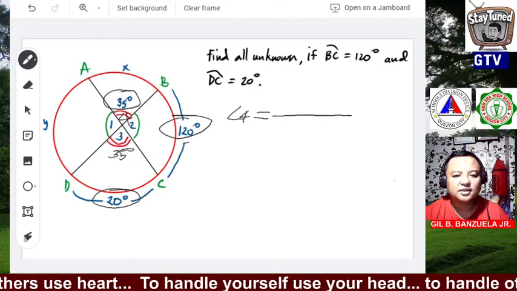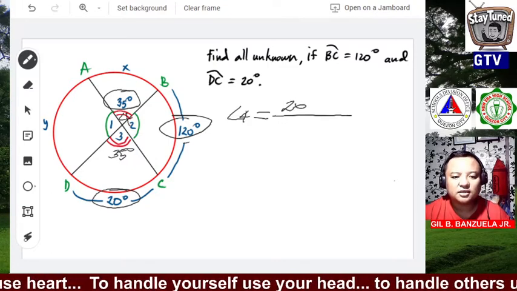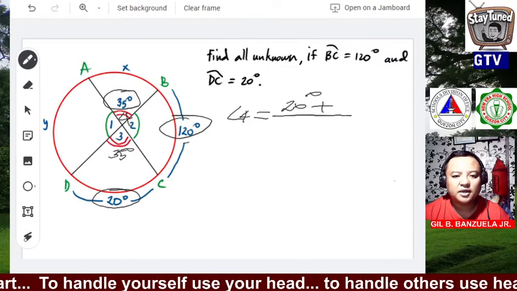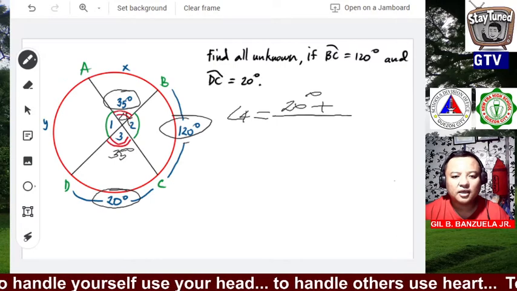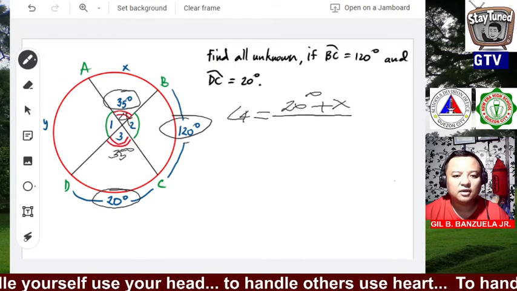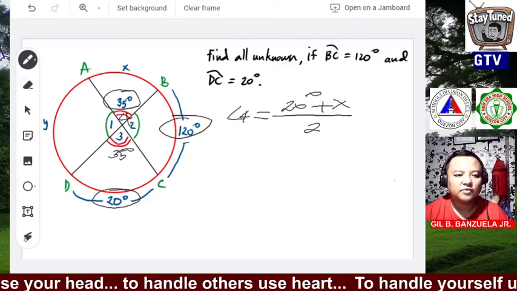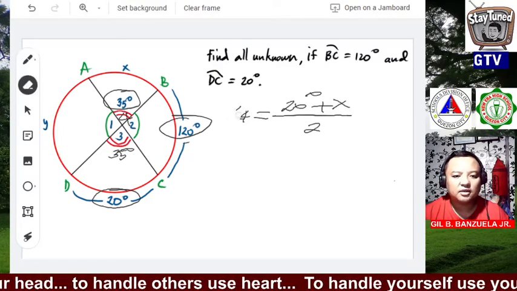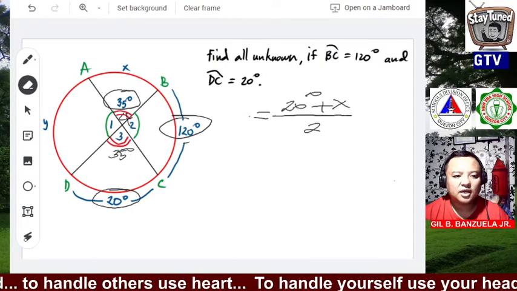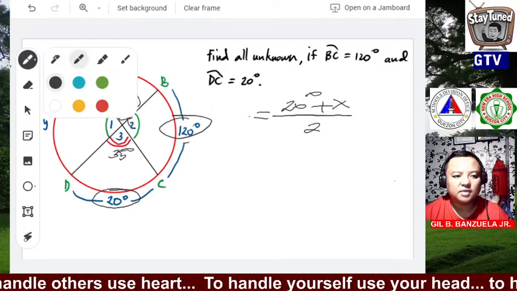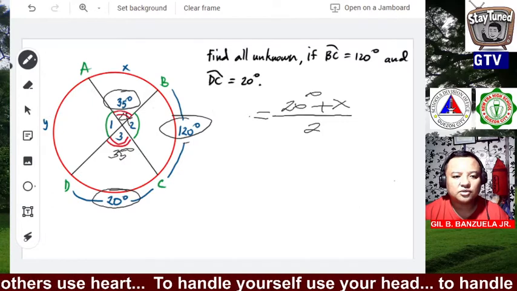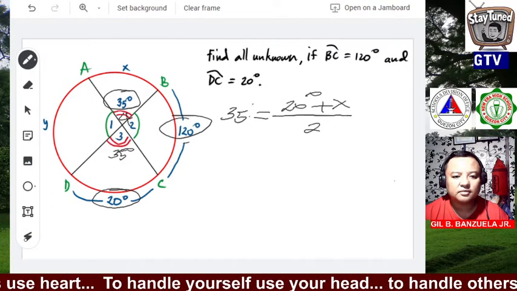So, itong arc DC, which is 20 degrees, plus yung value ng arc AB, which is x, divided by 2. So, papalitan ko lang yung measure ng angle 4 kasi alam naman natin kung ano yung measure niya. So, ilalagay na natin yun agad-agad. So, para ma-solve natin. Ayan. So, siya ay 35 degrees.